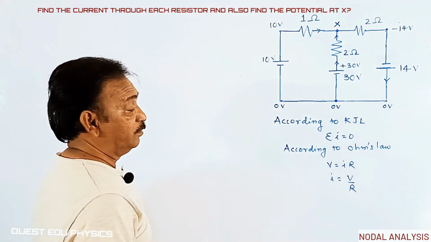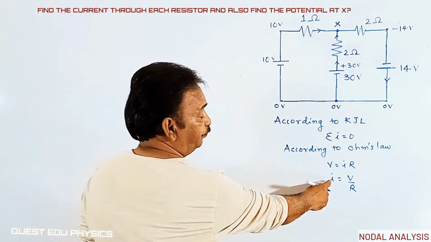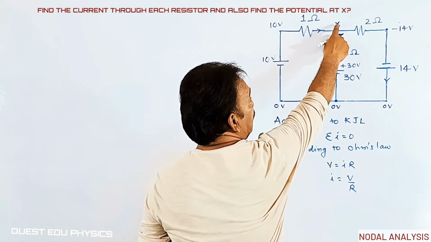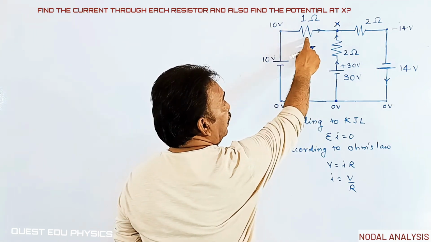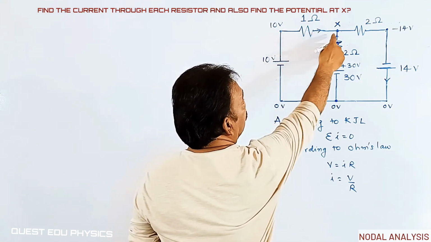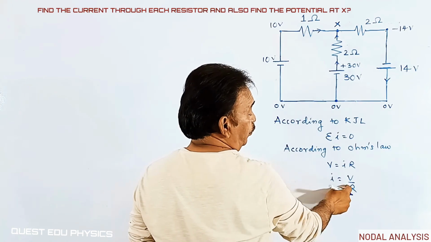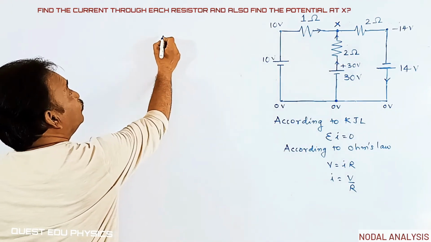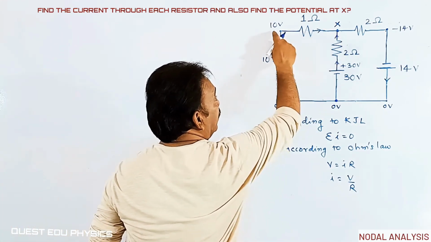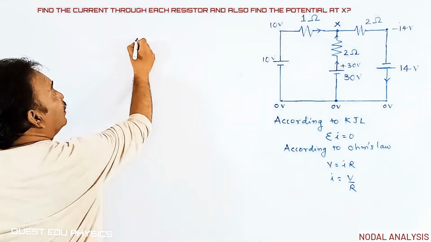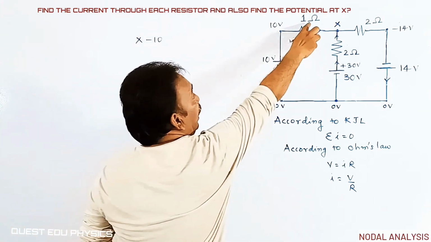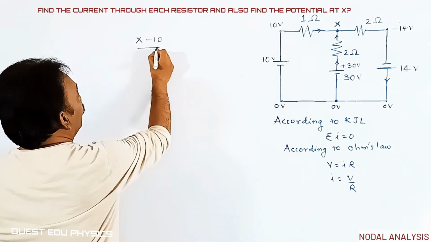Here I is equal to V by R. I am taking the potential as X here, the potential there, and the resistor is R. Adapting Ohm's law, I write the relation: it is X and 10, so X minus 10, and the resistance is 1, giving (X minus 10) by 1.